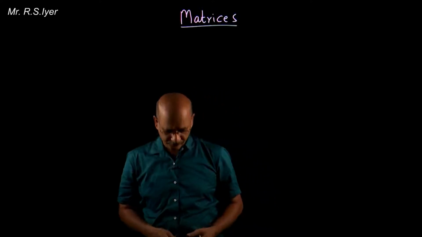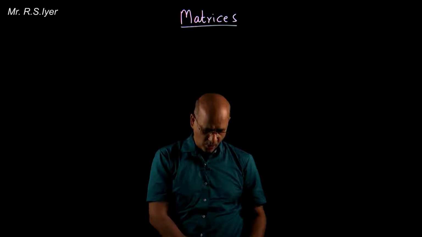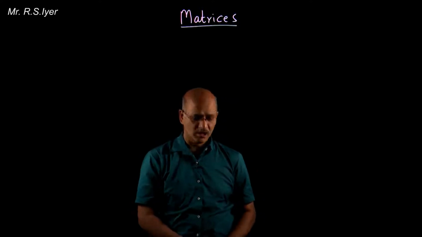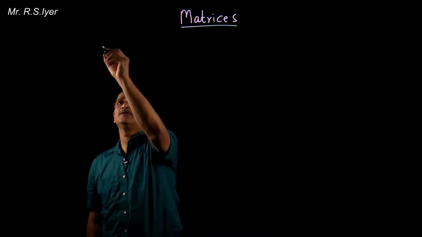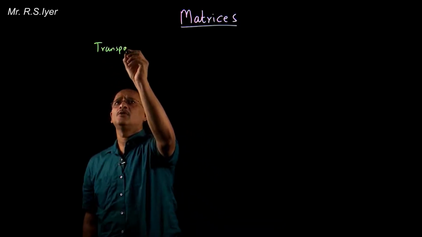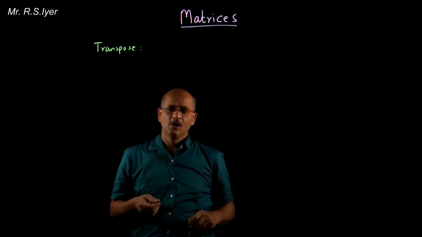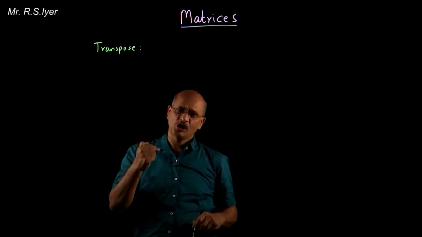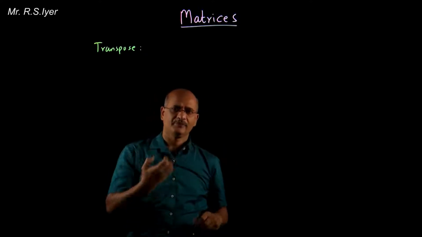So let us begin. The first concept I want you to understand and know is nothing but the transpose of a matrix. Now this is a very interesting fact. What do you mean by transpose? You must be having an idea. When the rows get interchanged with columns, I say the transpose of the matrix is done.